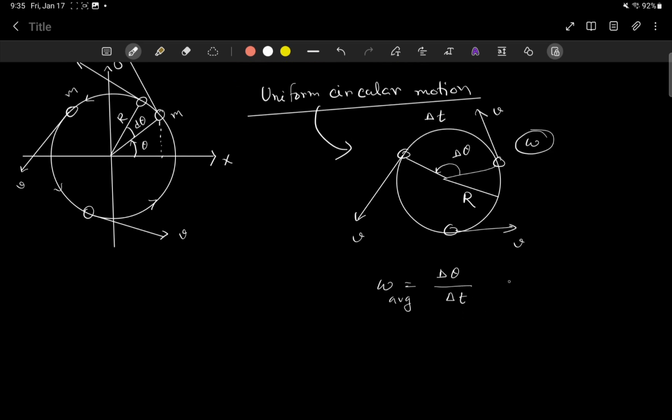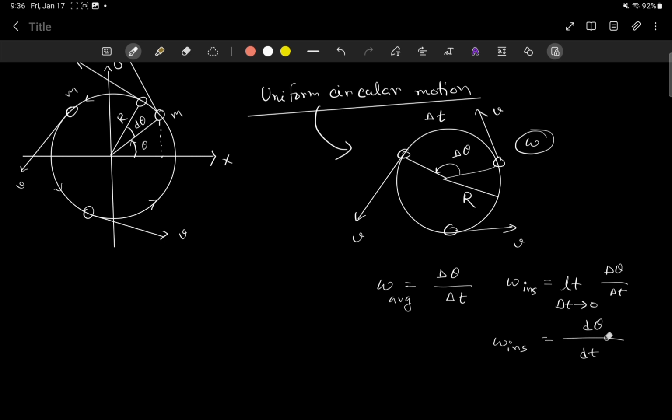But if we talk about instantaneous angular speed, then it is the limit as delta t approaches 0 of delta theta over delta t, which is d theta dt. For any time interval we take, the angular displacement will correspond to the time interval, so at any instant the angular speed will not change.